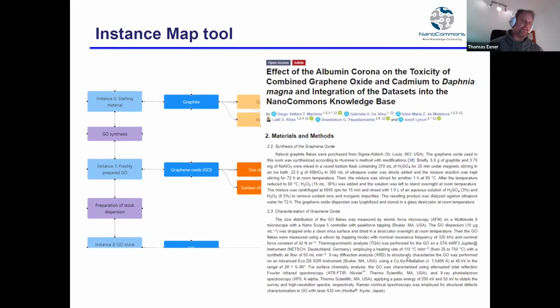I don't find that directly, but in principle all this information is given in this publication, and this is exactly how the NIC was using that: going back into literature, looking at papers and trying to build these instance maps. Again, this is the best way to start with something like that.